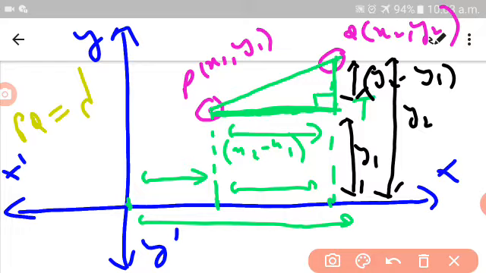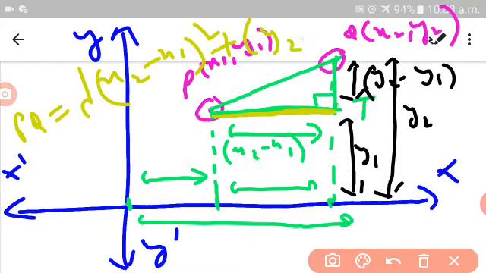So PQ is our hypotenuse, and we take x2 minus x1 whole square plus y2 minus y1 whole square, right, which is this one. So hypotenuse is the square root of perpendicular square plus base square.